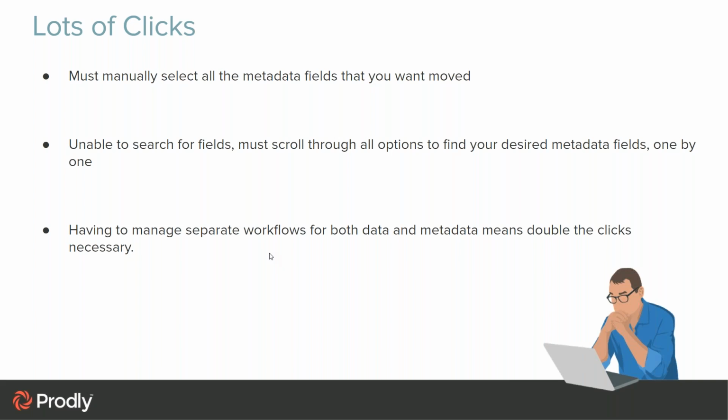Knowing that we're unable to search for fields, we have to scroll through all the options in order to find what we're looking for, what we care about in the metadata fields, and we have to do that one by one. Also, having to manage separate workflows for both data and metadata, which means that we have to click in two different places to accomplish the same goal.